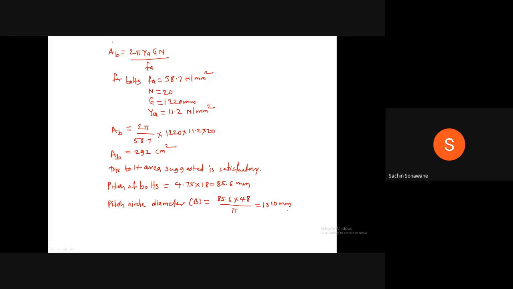Or B is equal to the outside diameter OD of gasket plus 2 into diameter of bolt plus 12 mm.